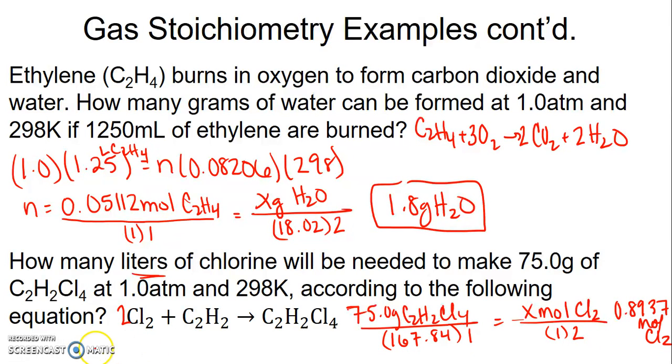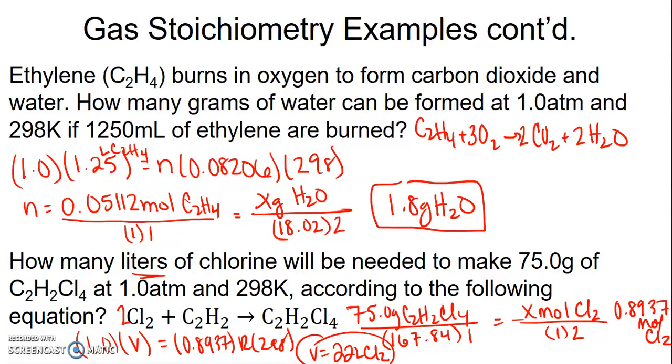And now I'm going to plug that into PV=nRT. So you have 1 atmosphere times liters that we're trying to find, moles we just found, R and 298. Quickly do that math, and you get that the volume is 22 liters of chlorine gas, and that would be your final answer.